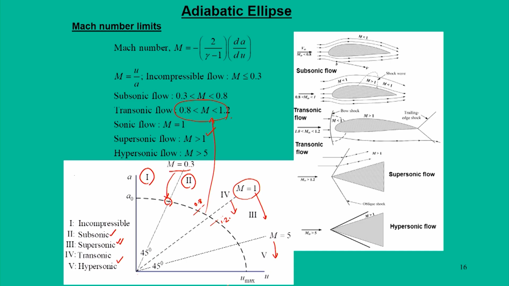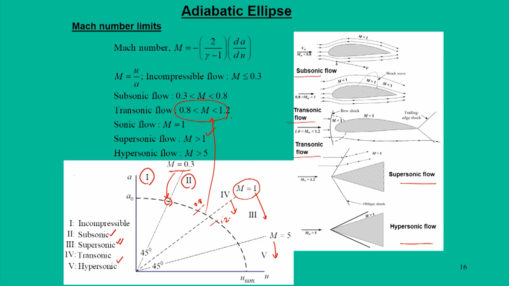This is how the adiabatic ellipse gives the complete information of the flow field, which we correlated by giving an example of flow past an airfoil, where we classified the flow regimes as subsonic, transonic, supersonic and hypersonic. So, the correlation between these two with the concept of isentropic flow gives the complete information of the flow field in a compressible domain.